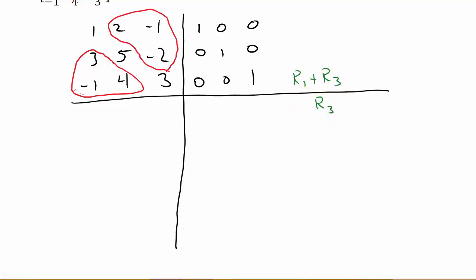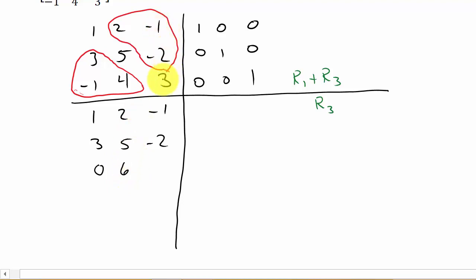Row 3 is the only row that's going to change, so I'm going to write the other two rows down. Here we go: 1 plus -1 is 0, 2 plus 4 is 6, and -1 plus 3 is 2.